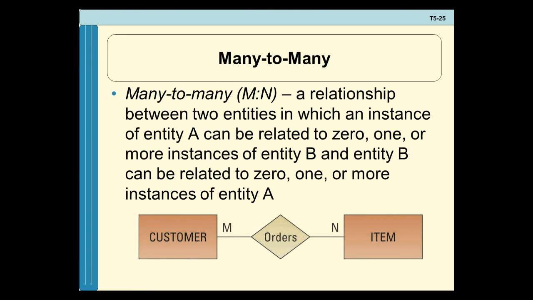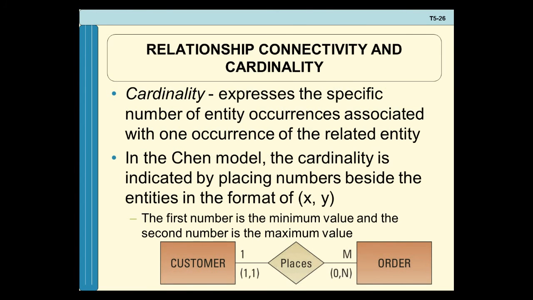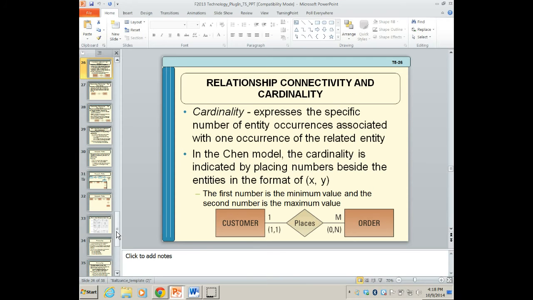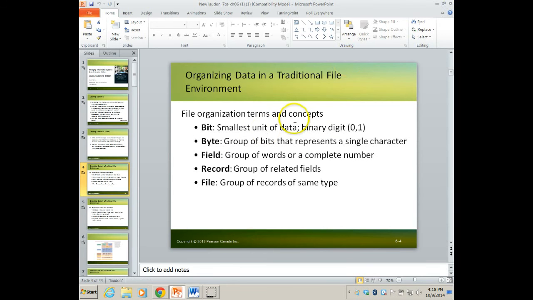So the good news is, that's all there is. That's all there is in entity relationship diagramming: three basic relationship types. Let's go over to our book and see what the diagramming looks like there.